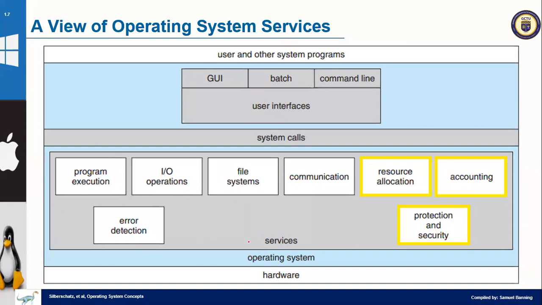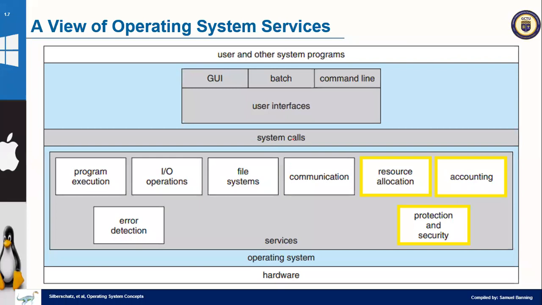These are there to provide the user with these features. And then we have the resource allocation, the accounting, and protection and security for the efficient running of the operating system. So these are the services provided by the operating system.